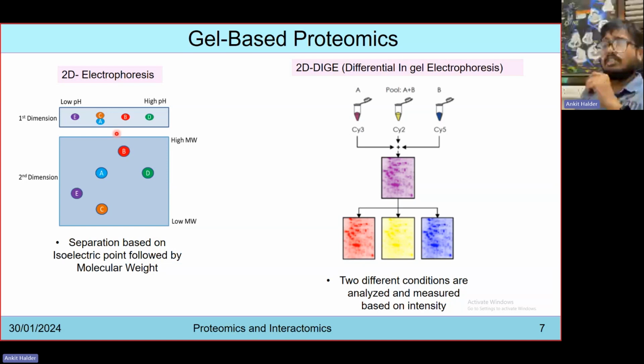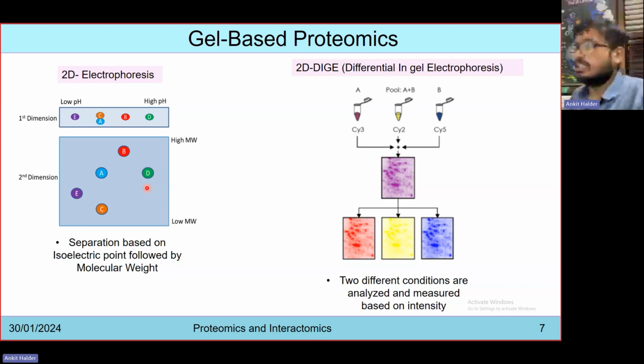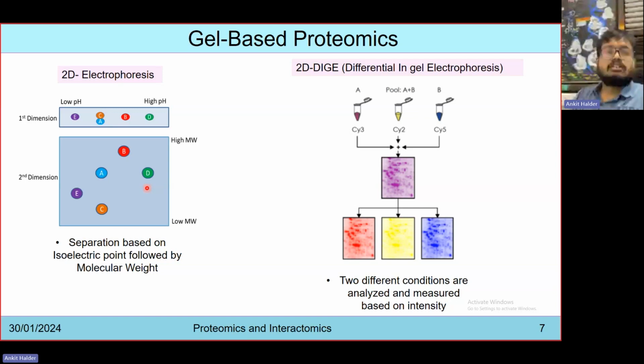So this mostly you can think of in a qualitative nature, but when we talk about 2D DIGE, the differential in gel electrophoresis, you can consider it quantitative in nature.